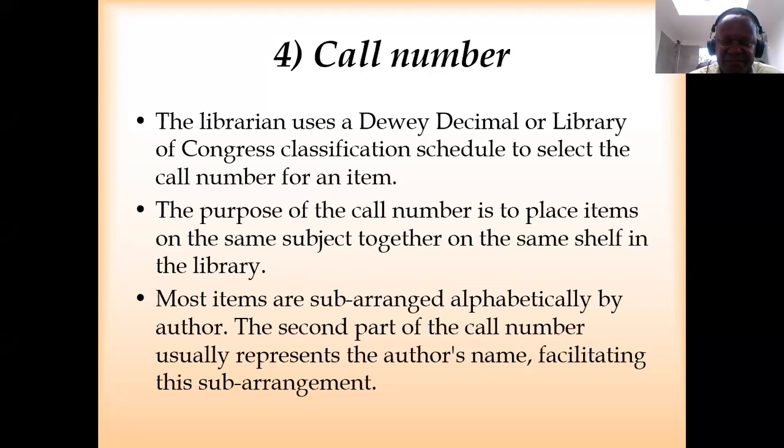But for previous publications, where the main entry was under the author's name, we'll pick the first 3 letters of the author name to get the book number, which we combine with the class number to get the call number.